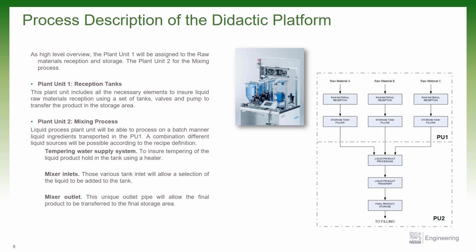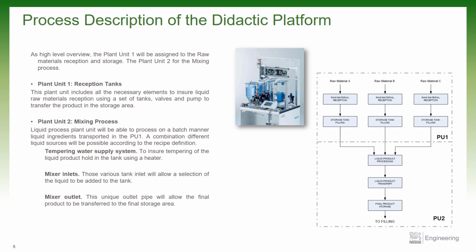For training purposes, we have decided to use the Festo didactic platform, which is a mixing process. This mixing process has two plant units. Plant unit 1 is a reception of tanks for 3 different raw materials.